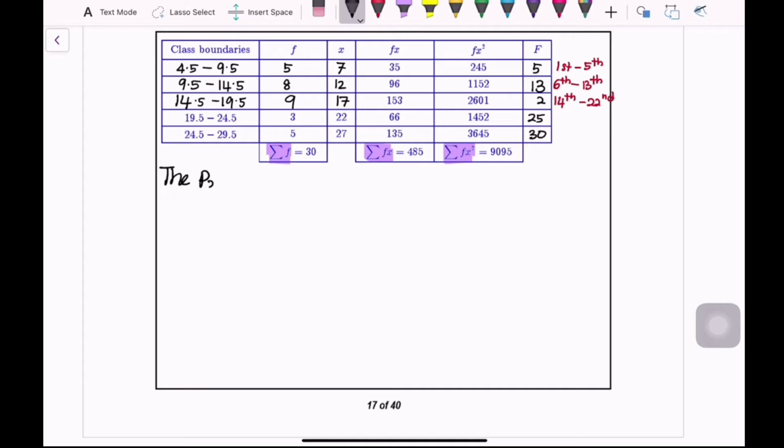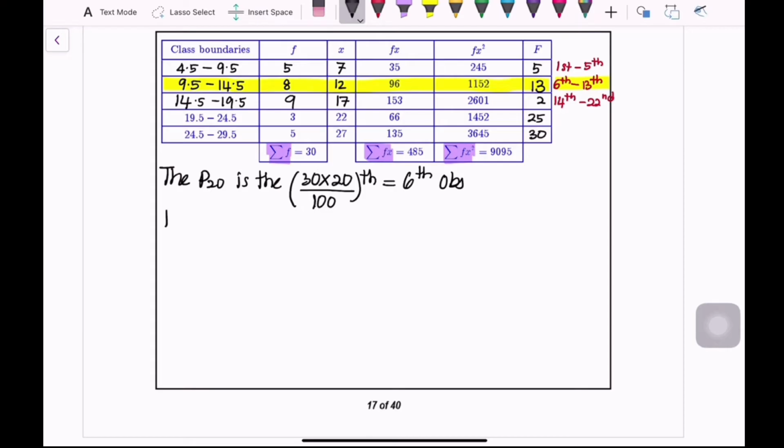The P20 is 30 times 20 over 100 observation, which is equal to 6 observation. The 6 observation is located here, so we highlight the class of P20.